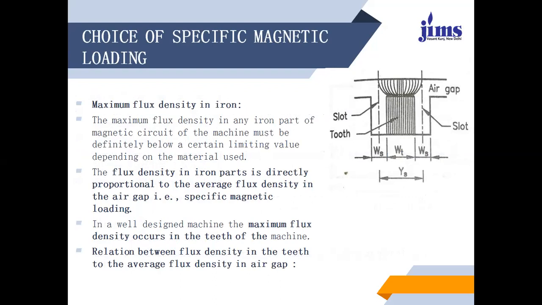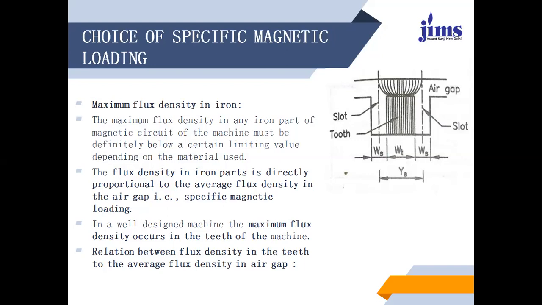The flux density in iron parts is directly proportional to the average flux density in the air gap, that is, the specific magnetic loading. In a well-designed machine, the maximum flux density occurs in the teeth of the machine, and we consider the relation between the flux density in the teeth and the average flux density in the air gap.